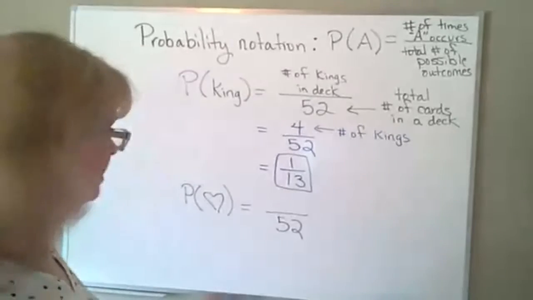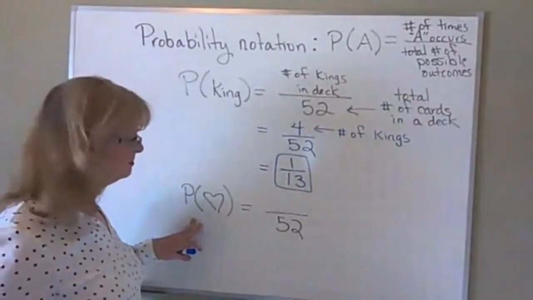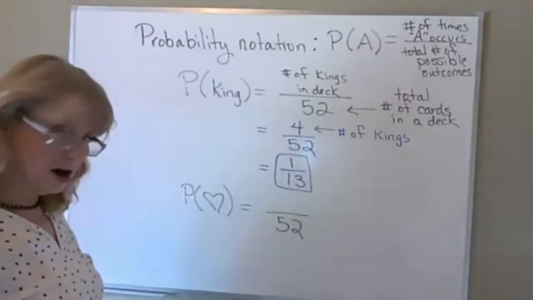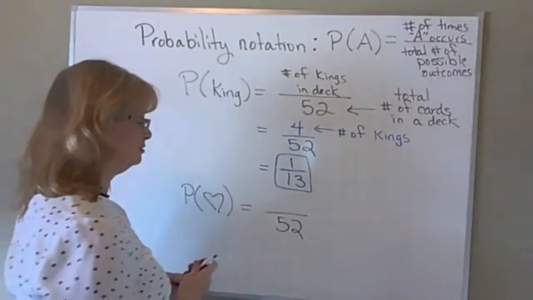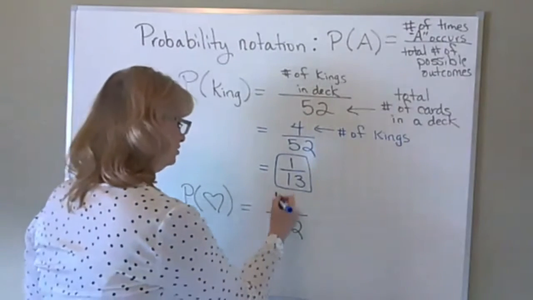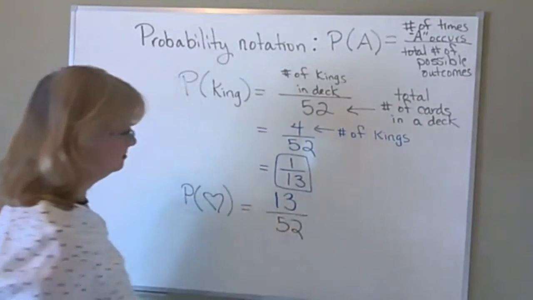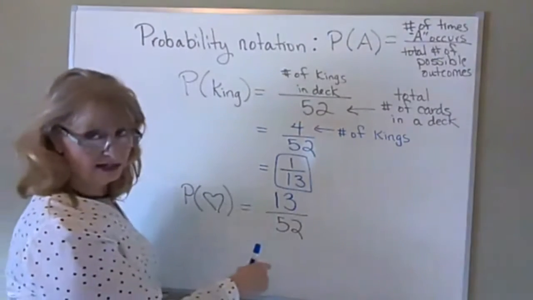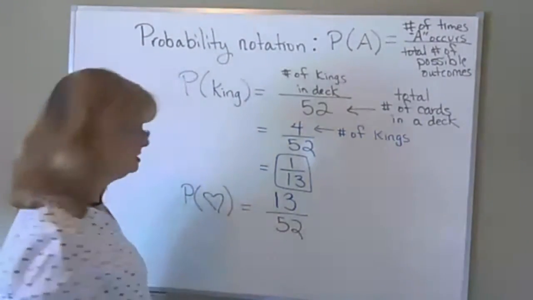But this one says the probability of drawing a heart. So our top number is going to be 13, the ace through 10, and then the 3 court cards. So there are 13 hearts. And then we would reduce this. 13 goes evenly into 52 4 times.